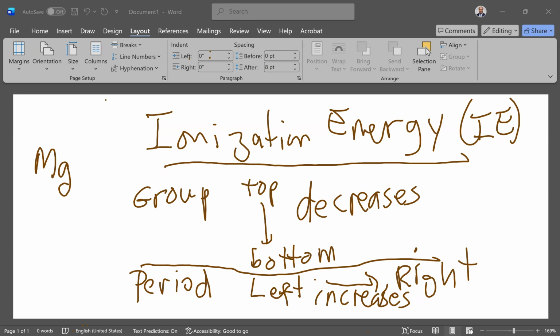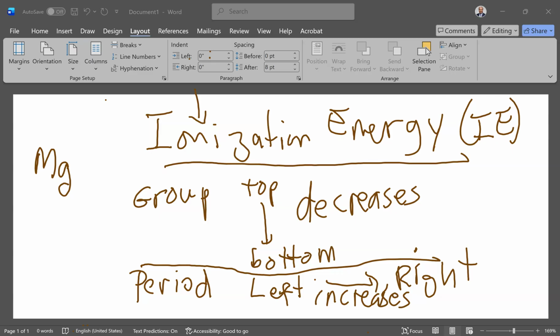Ionization energy is always larger in metals because metals tend to give away their valence electrons. Non-metals, on the other hand, don't give away their electrons; they like to take in electrons from adjacent atoms surrounding them.